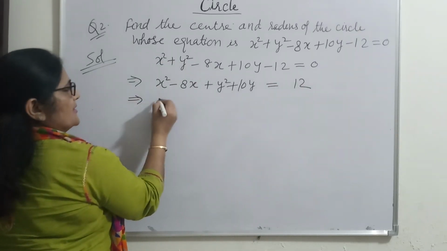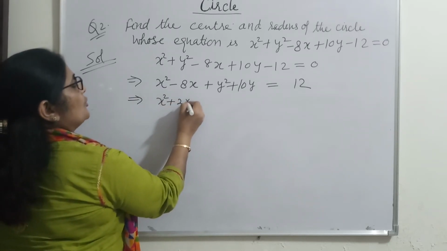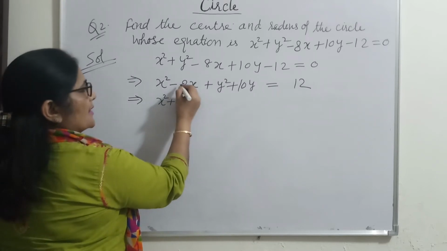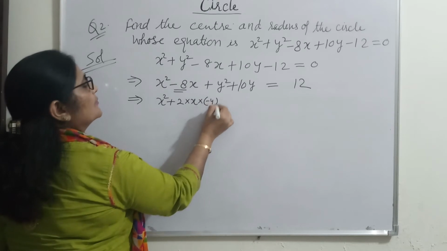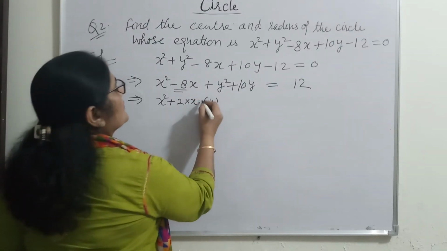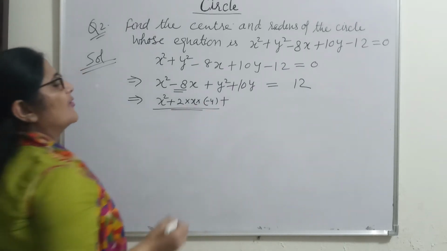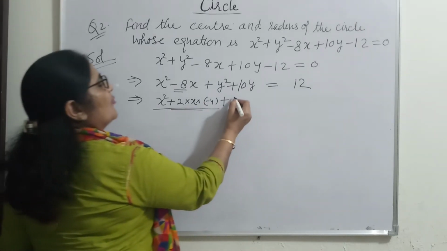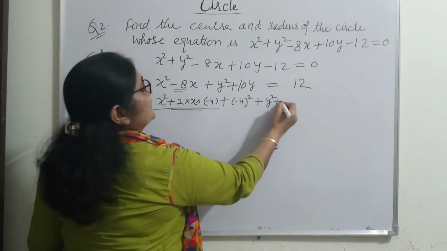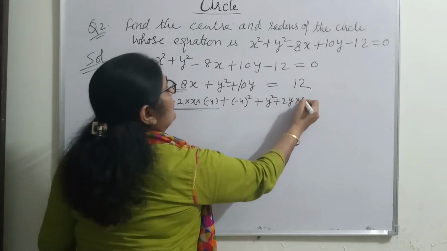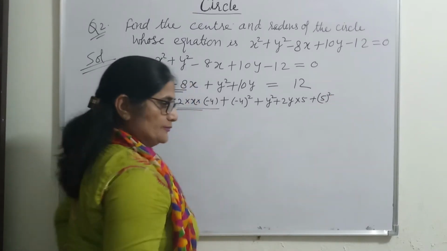How can we make it a whole square? x square, twice into x into minus 4, that is minus 8x. So, to make it a whole square, what should be added? Minus 4 whole square. y square plus 10y, 2 into y into 5, so 5 square should be added.